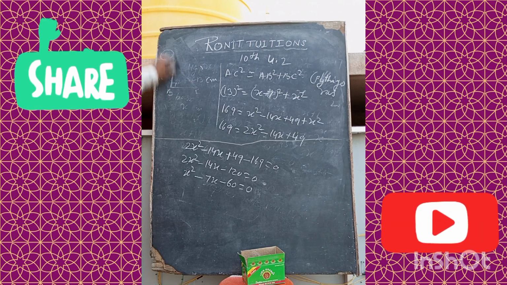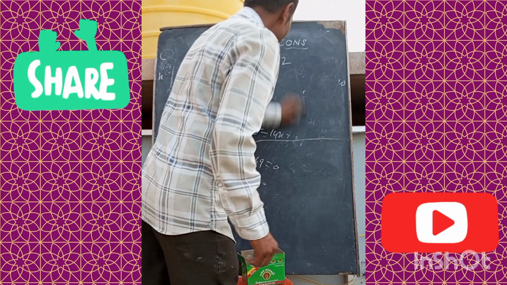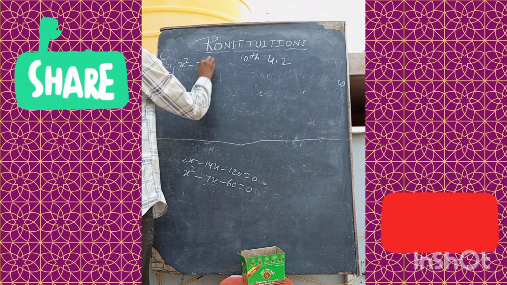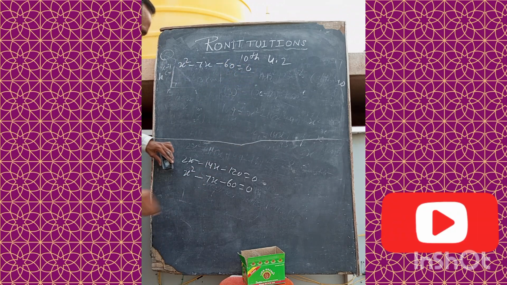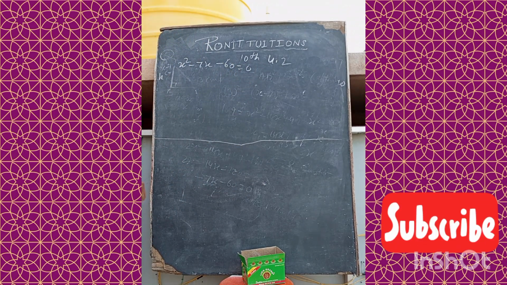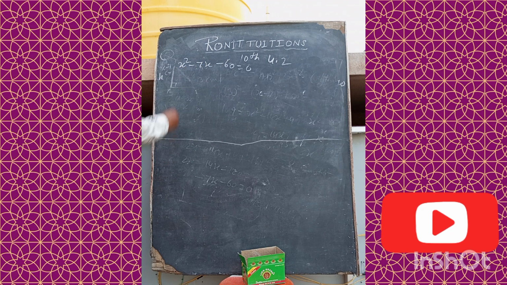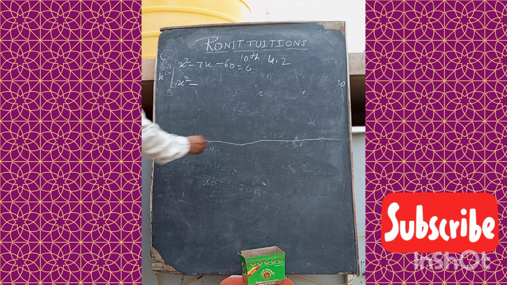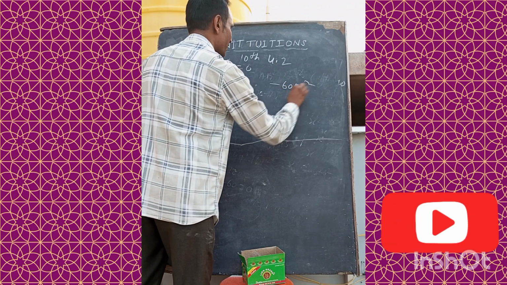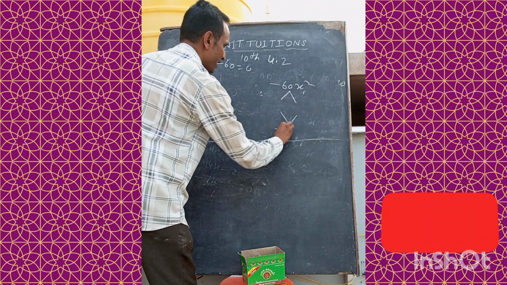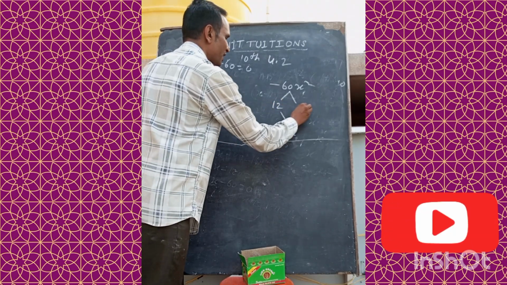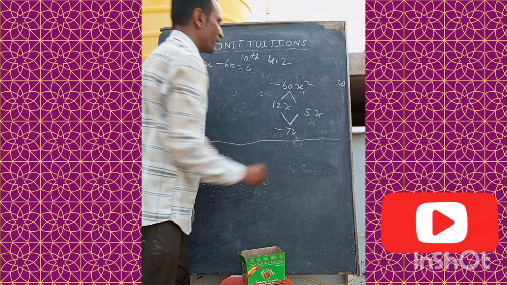Now we are solving this by the factorization method. Taking the equation x square minus 7x minus 60 is equal to 0, we find two numbers such that their product is 60 and their sum or difference gives 7. Breaking the middle term, the numbers are 12 and 5, since 12 times 5 is 60.